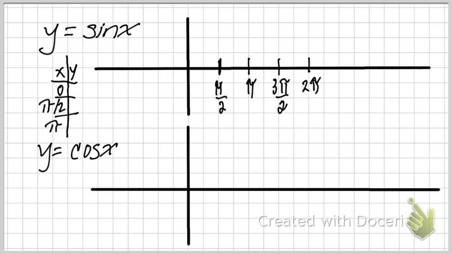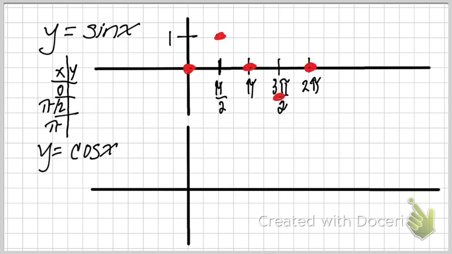For sine x, I am going to have these 5 key points. And the key points are 0, 0, pi over 2, 1. So I'm going to do my y scale of 1 here. And then pi, 0, and 3 pi over 2, -1, and 2 pi, 0.